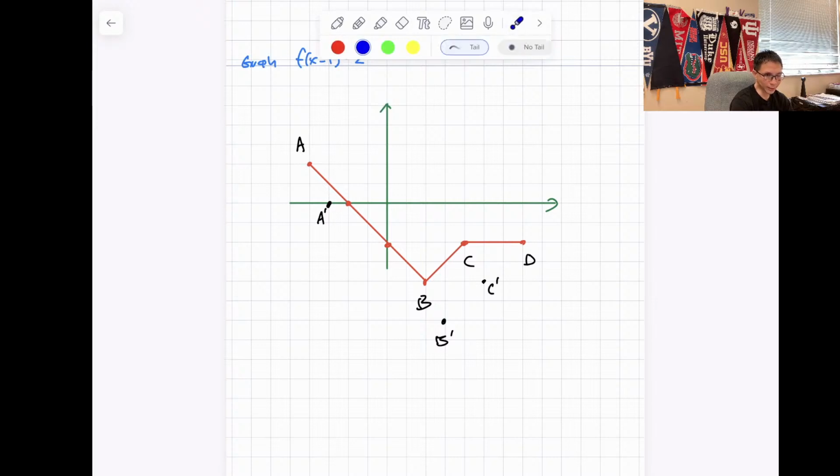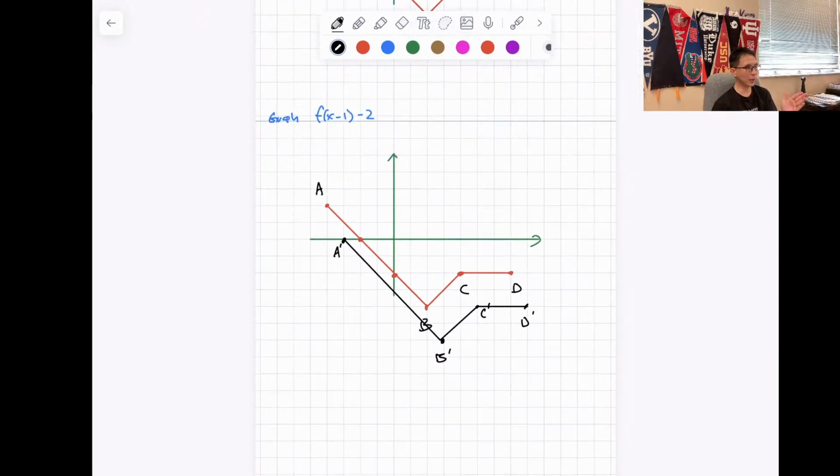And D is this, and that's going to be D prime. So I'm just going to connect the dots. And guess what? Every point is going right 1, down 2. And I use A prime to tell you that it's after transformation. Got it?